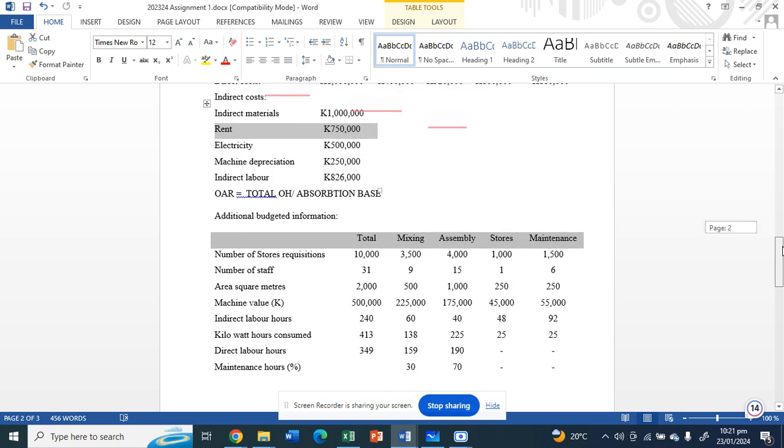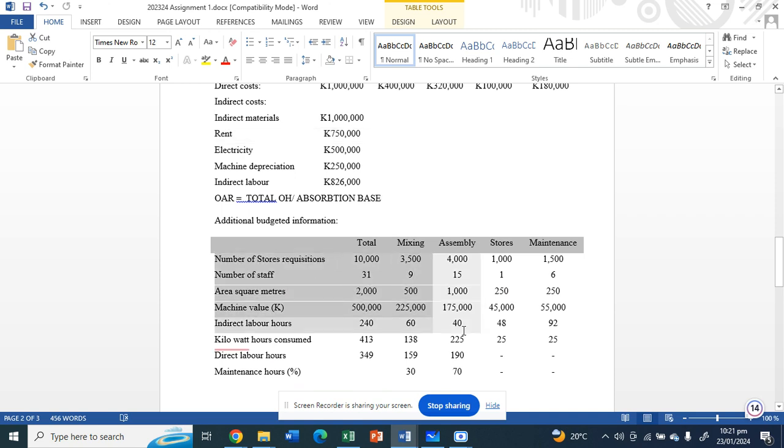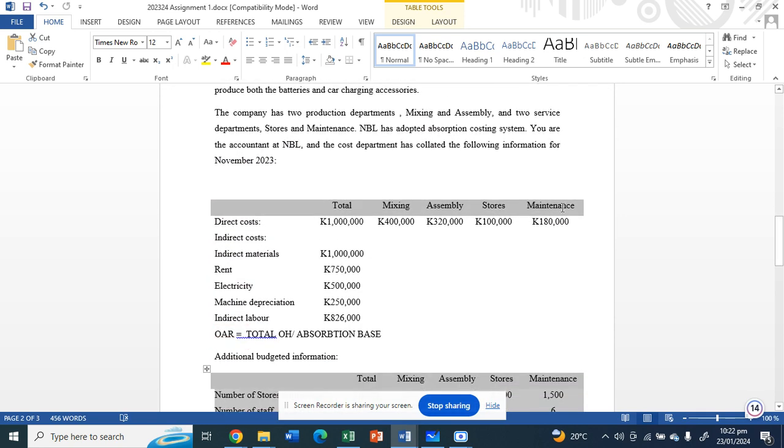This information here is going to help us apportion those overheads. That's why this information is given to us. After you've apportioned all the overheads, the next thing you need to do is reapportion the overheads of the service departments to the production departments.